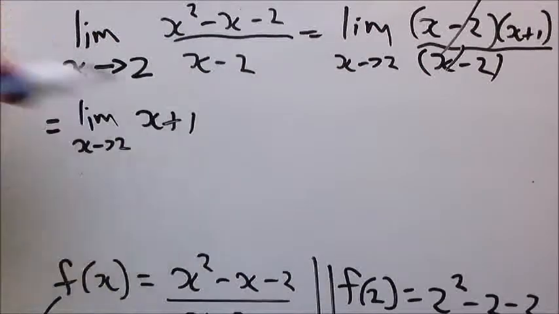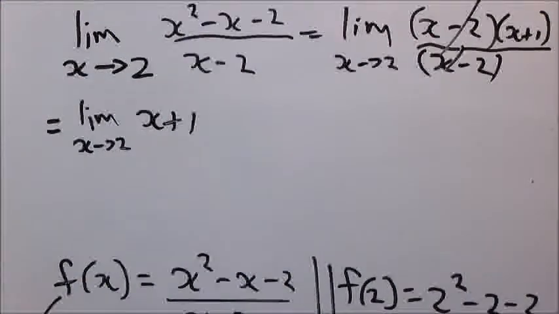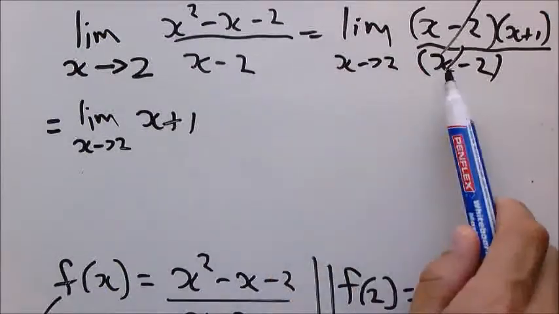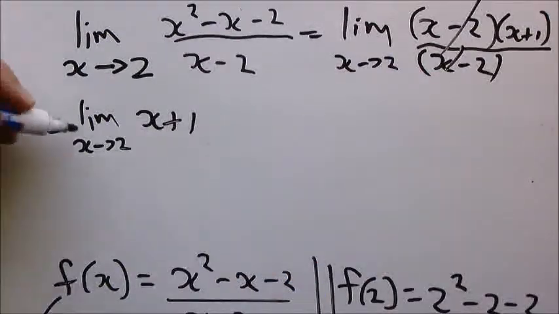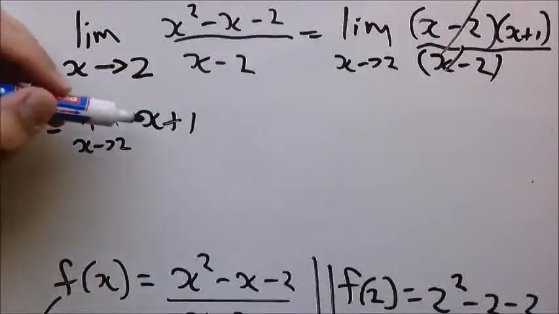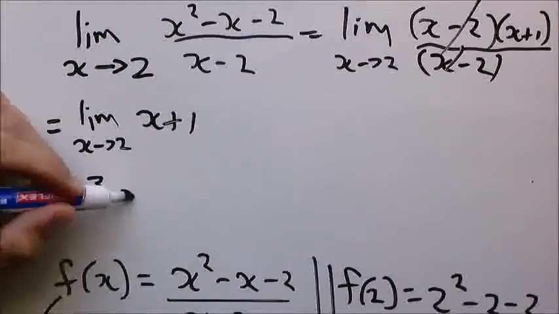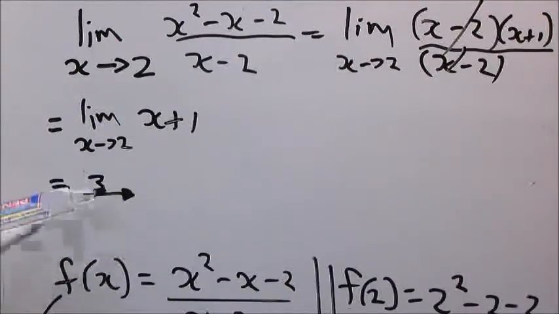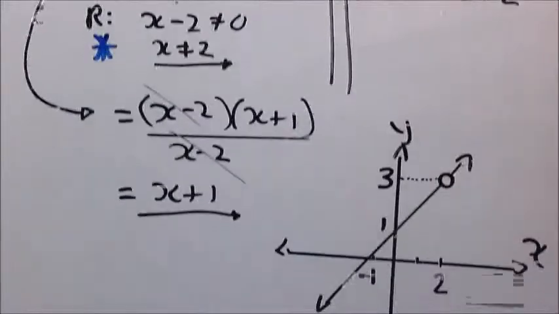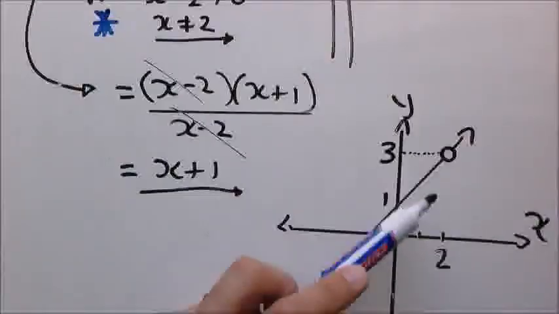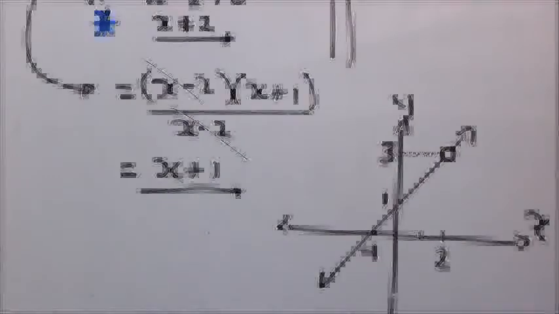Now, when we're at a place where we can substitute 2 in without it becoming undefined, like over here and over there, we can do it because the limit as x approaches 2 for x plus 1 will be equal to 3. And this correlates with your graph right here at the bottom. But you can see it has to be a limit because it does not exist. It's just approaching that value.